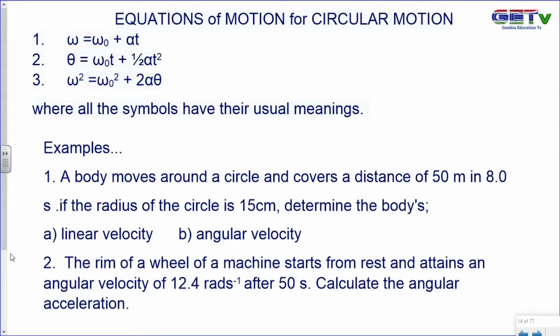Good. Now we know that V is omega R, but omega is not known, R is known. Again, we can solve for omega.